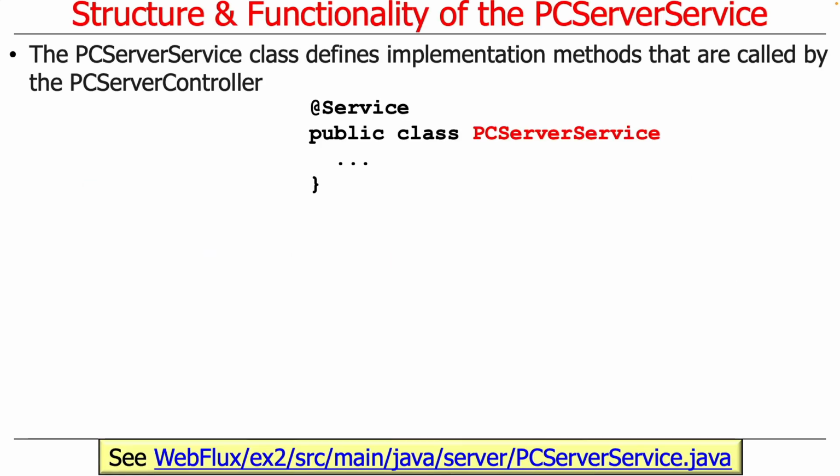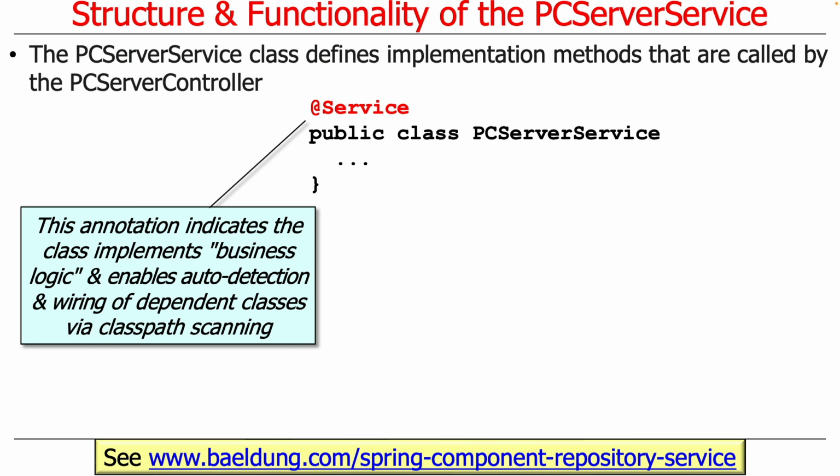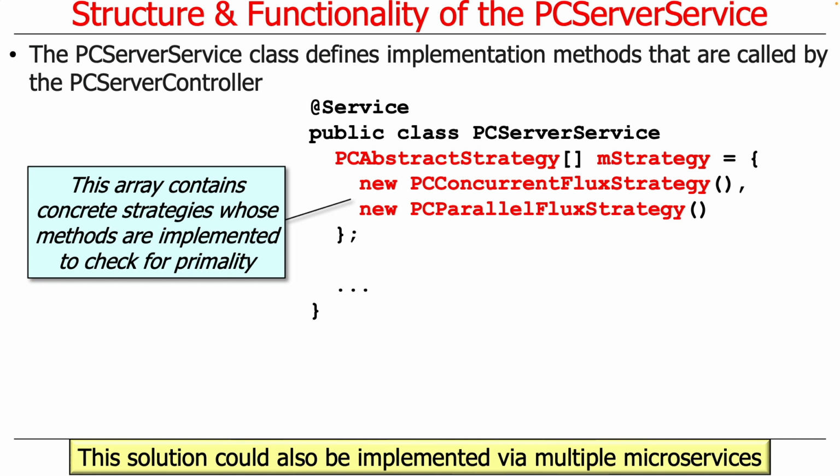Let's talk a little bit about the service. The service is annotated with the service annotation so that the Spring framework can do the appropriate classpath scanning and autodetection and autowiring and dependency injection and so on. We have this interesting data structure, which is an array of PCAbstractStrategy classes. PCAbstractStrategy is a base class, as we'll see, or a superclass.